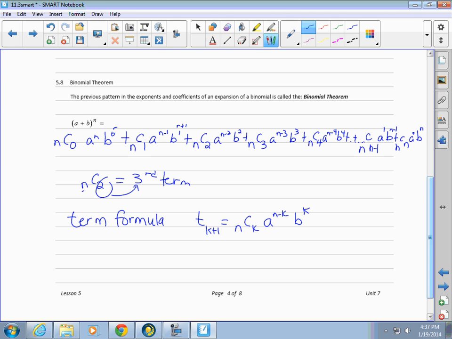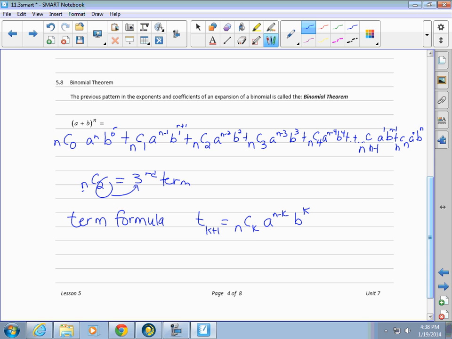So what that is saying is if you're looking for the 7th term, sorry, the 8th term, that would be 7 plus 1, so that's the 8th, would be nC7 times a to the n minus 7, b to the 7.